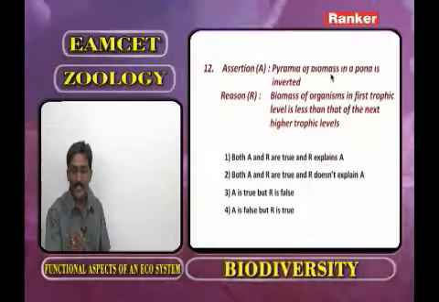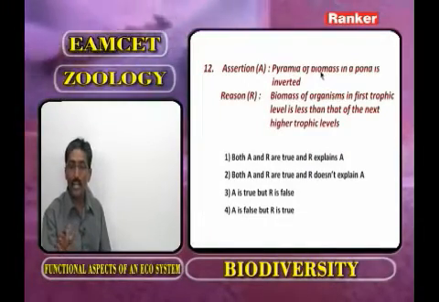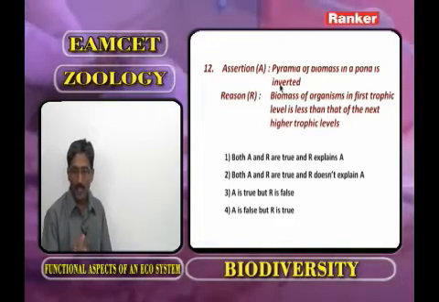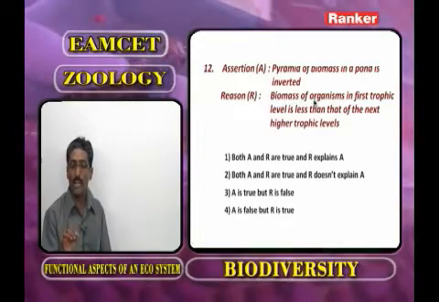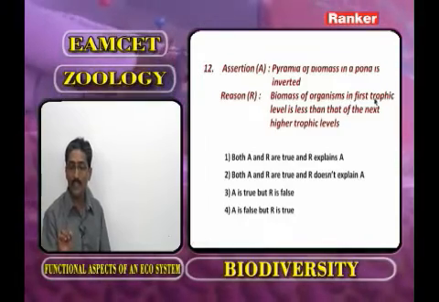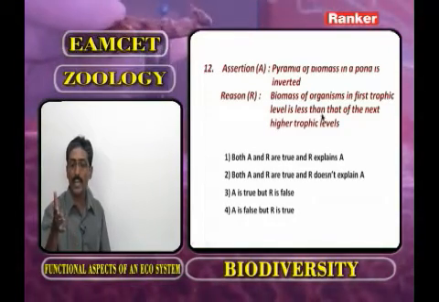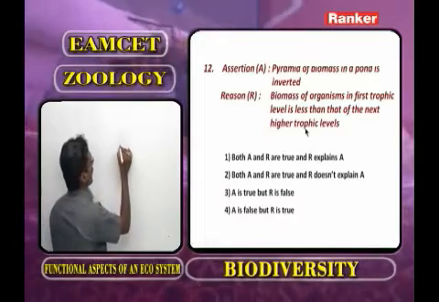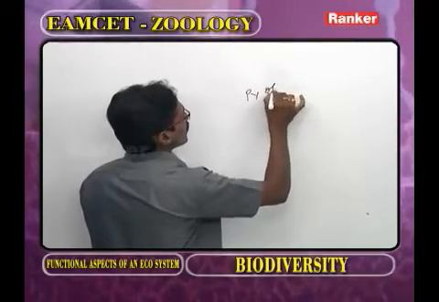Here, we are discussing the assertion: pyramid of biomass in a pond is inverted. Reason: biomass of organisms in the first trophic level is less than that of the next trophic levels.